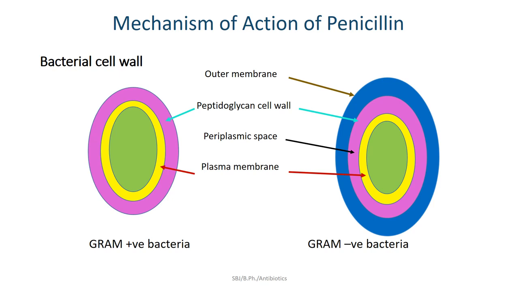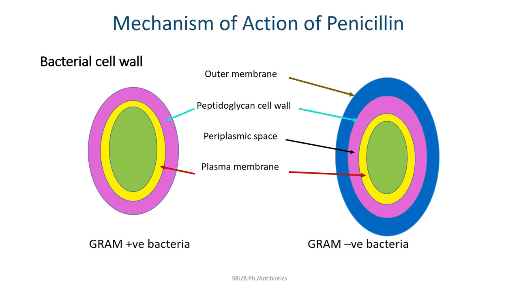Now we have seen that the bacterial cell wall is a cross-linked polymer called peptidoglycan. This peptidoglycan helps to maintain the shape of the bacteria. If the peptidoglycan fails to cross-link, then the cell wall will lose its strength and result in bacterial cell lysis.